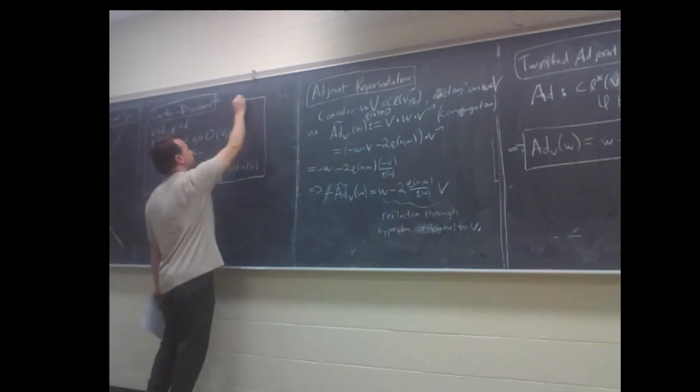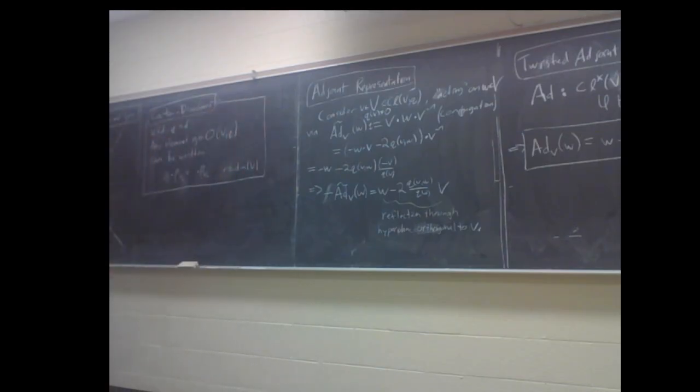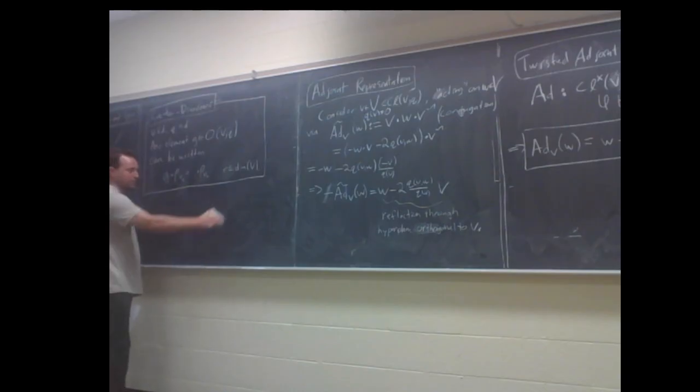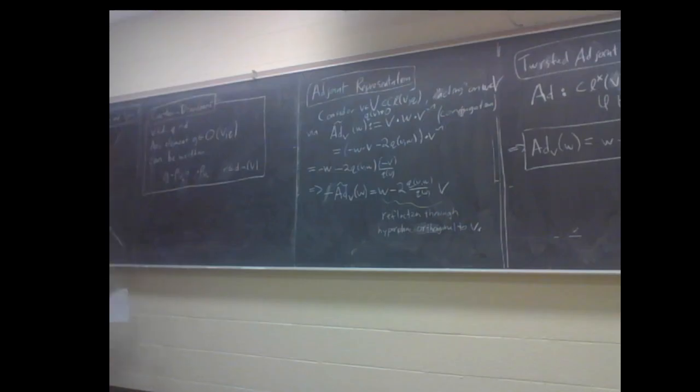So the way that you would do it for a real vector space is you would note that, by Jordan normal form, you write this as a product of rotations, and each rotation over R can be expressed as a product of two reflections. And so there's at most half as many rotations as the dimension of the vector space, and so the number of reflections is also going to be less than the dimension of the vector space.